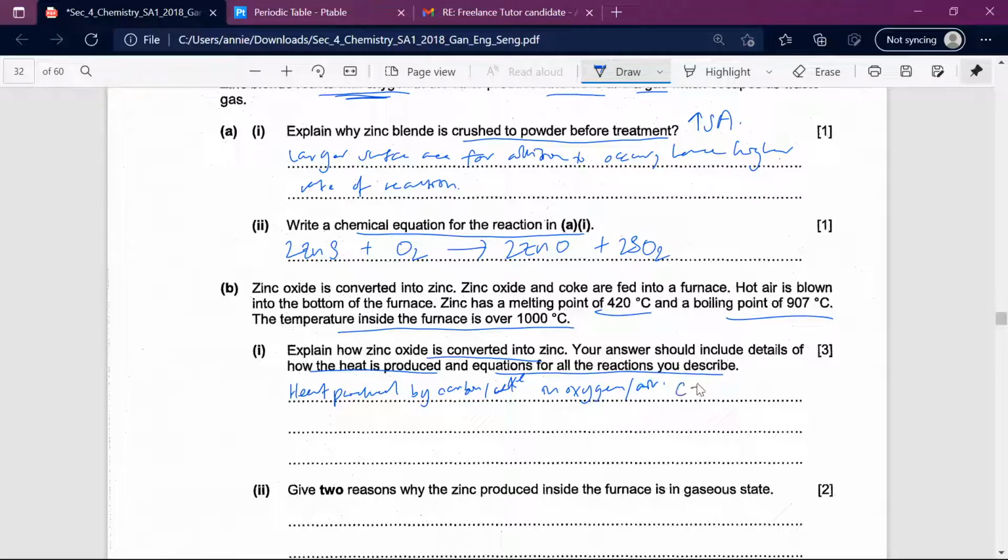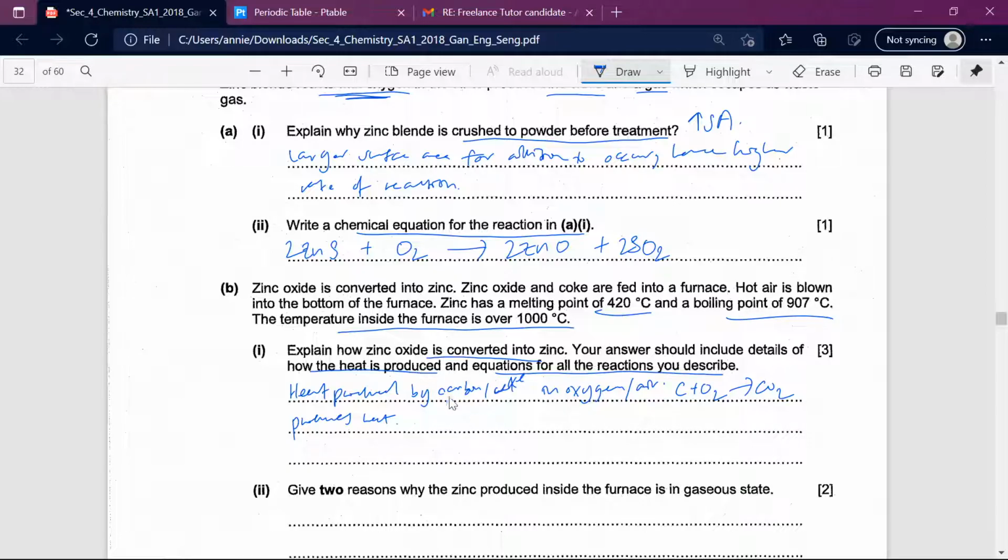And you know that this forms carbon dioxide, CO2, and this produces heat. You can also write that 2C plus O2 equals 2CO, which produces carbon monoxide because it is an incomplete combustion. But you can write either, so it will give you 1 mark.